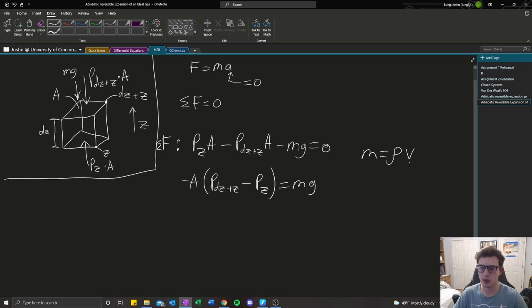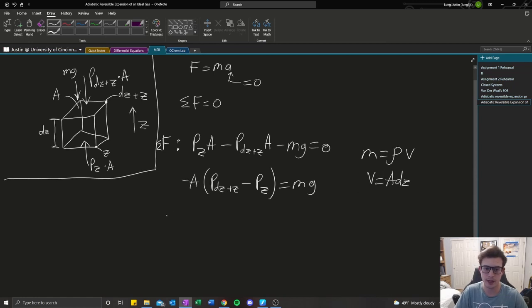And we also know that volume is equal to the area times the position. We know the volume from here: we've got the area times the position, and that's the volume. So we can plug in rho times our volume here.